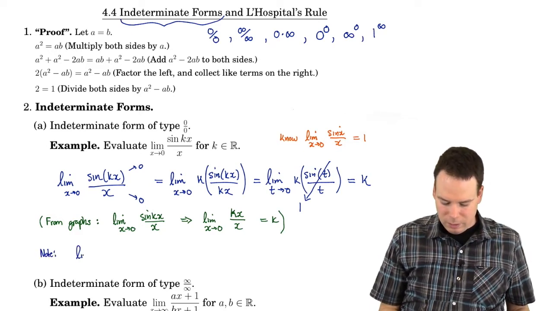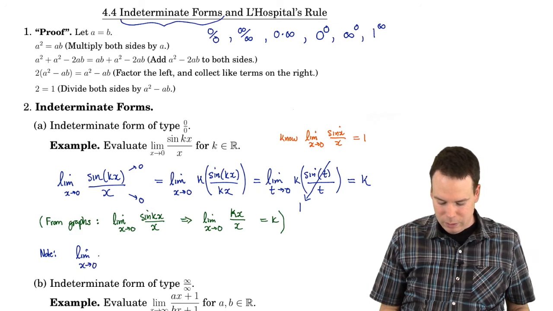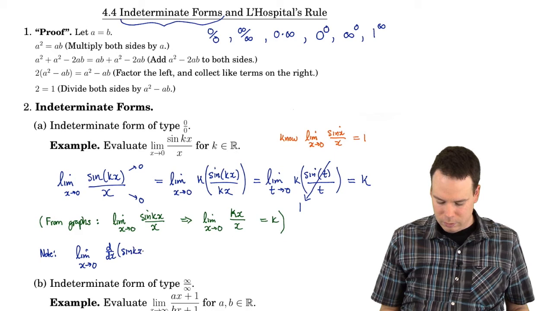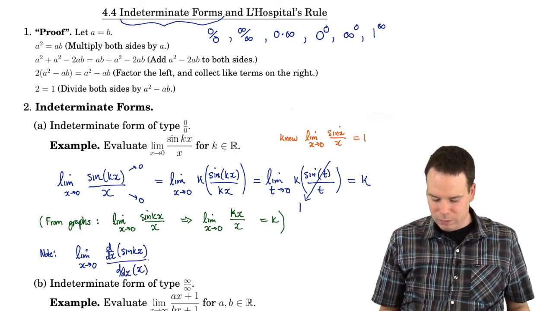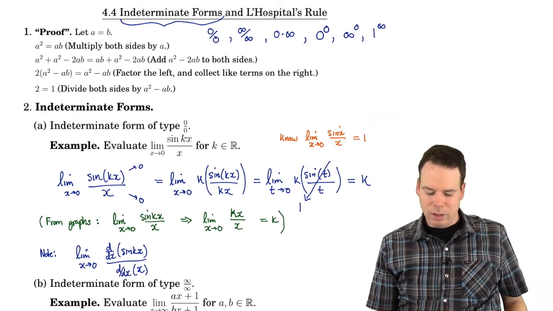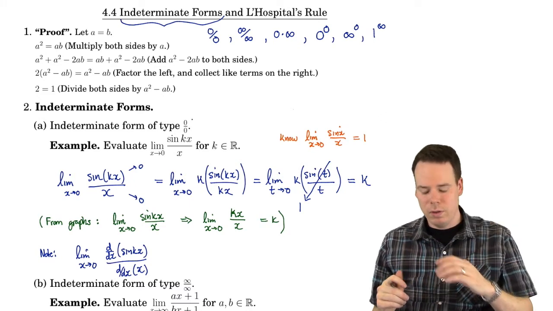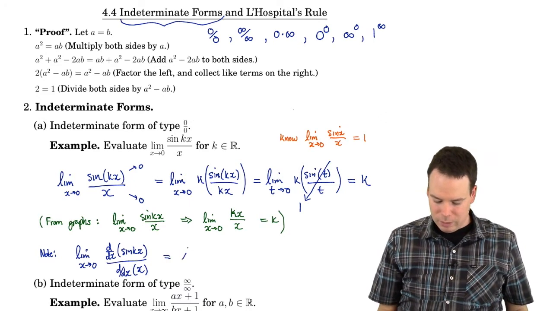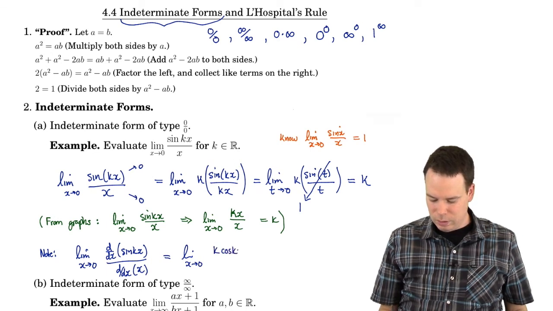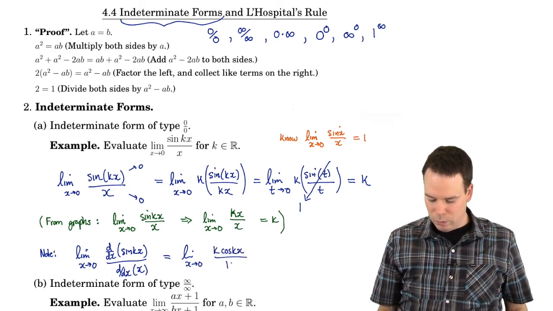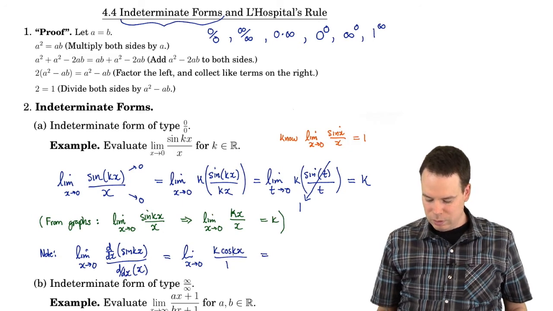If I instead look at the limit of the derivative of the numerator over the derivative of the denominator, so instead of looking at the original limit of sine kx over x, I instead look at the limit of the derivative of sine kx over the derivative of x, then what do I get as a result? I get k cos kx all over 1, and in the limit as x goes to 0, cos kx goes to 1, so we get an answer of k.